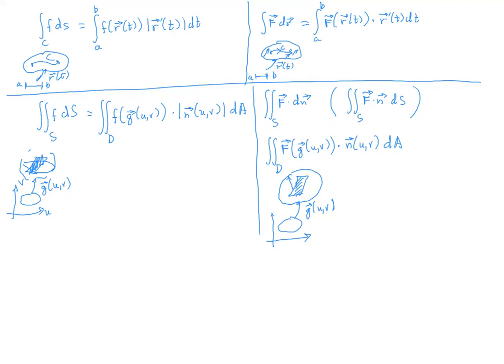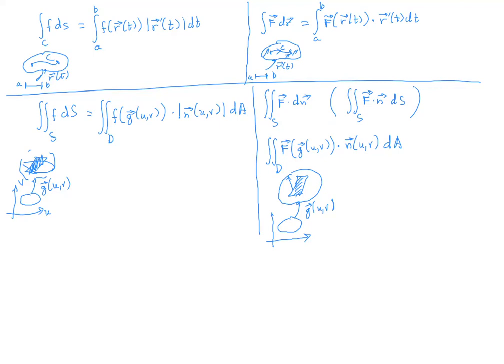And the understanding will be that the normal vector that we get from that parameterization should point the same direction as the chosen normal vector for the orientation of the surface. If it doesn't, then what you simply do is you take the opposite of that normal vector.